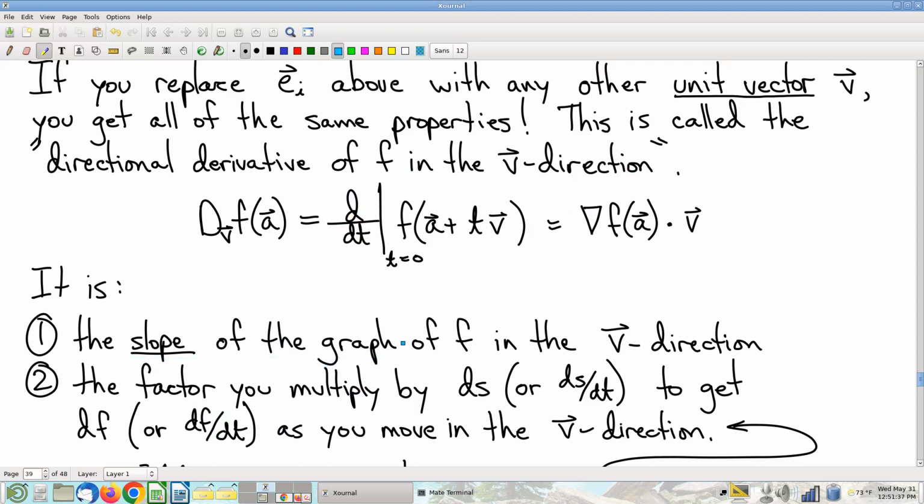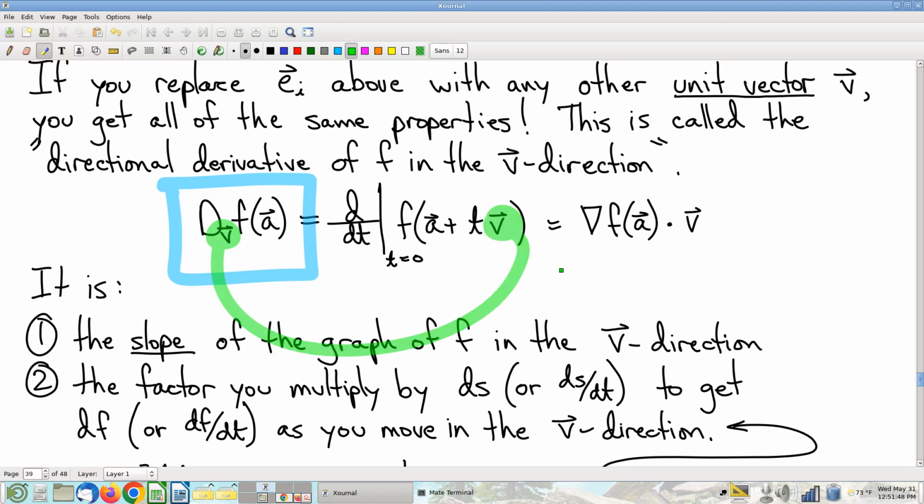Alrighty. Let's say a quick word about notation. Here's the notation to represent directional derivatives. You do have to indicate what the direction is that you're moving, whatever that direction is from your starting point A. Well, you've got to indicate that in the notation, and it's as a subscript of this capital D. That's just a standard arbitrary notational choice.